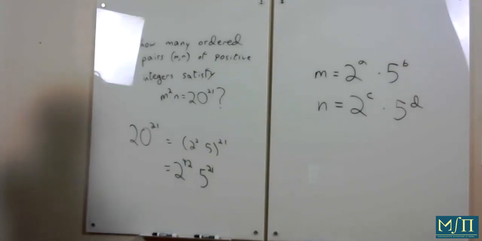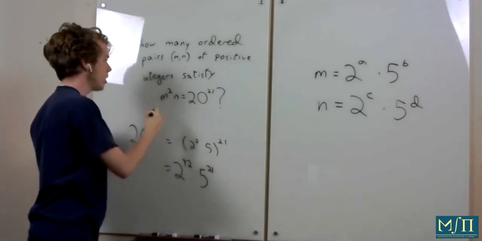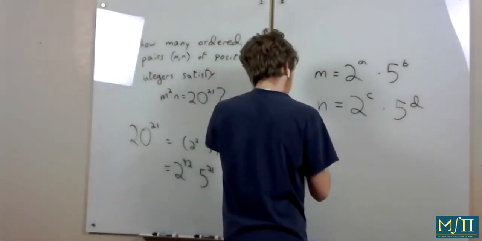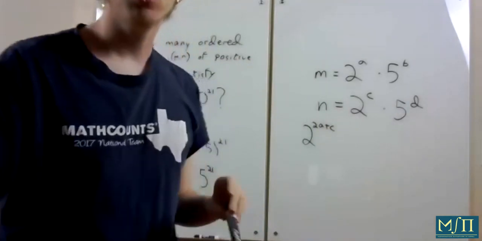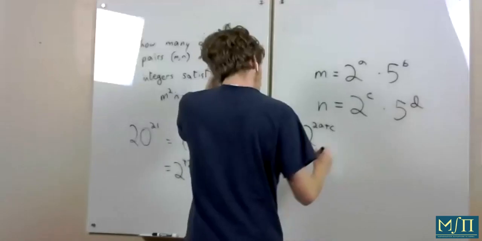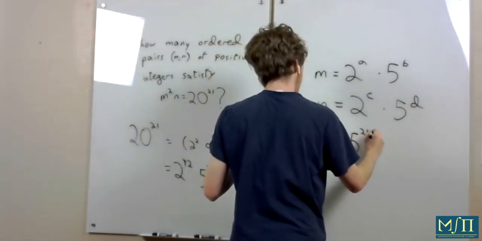Now let's see what this equation gives us. m squared times n is 2 to the 2a plus c times 5 to the 2b plus d.